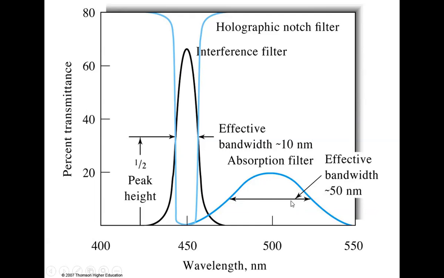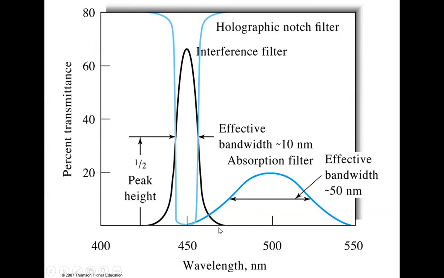When you look at the interference filters, can you see the effective bandwidth? It is usually a little bit lower, unlike the absorption filters, which have a broader bandwidth. What is the other difference between the interference filter and an absorption filter?